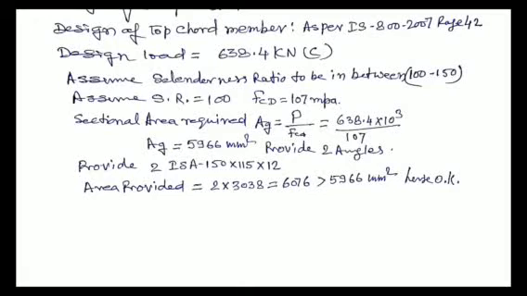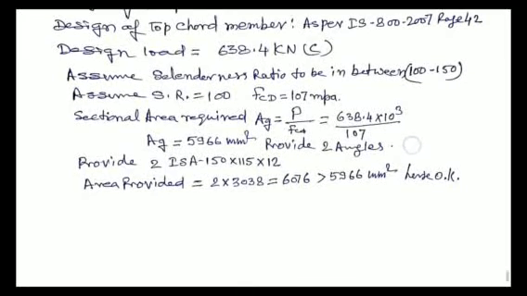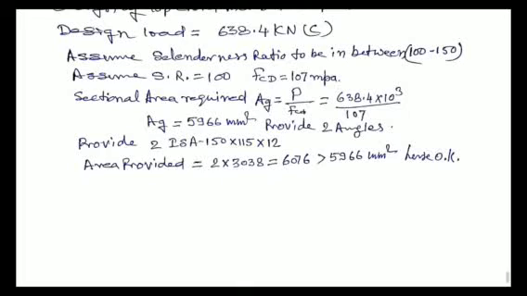So the sectional area required AG will be P divided by FCD. So P, the compressive force, is 638.4 into 10 raised to power 3 divided by 107, which is FCD, the design compressive strength. So the area of the section AG will be 5966 mm square.